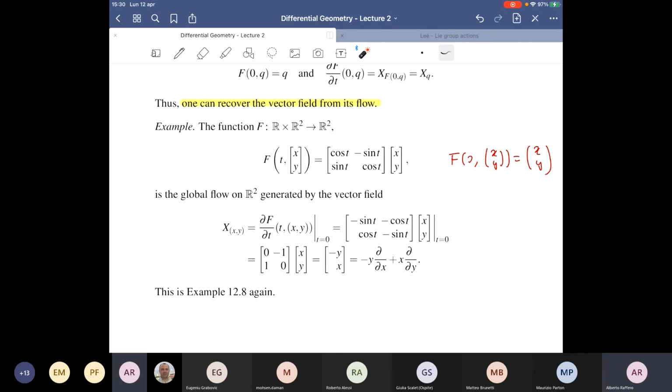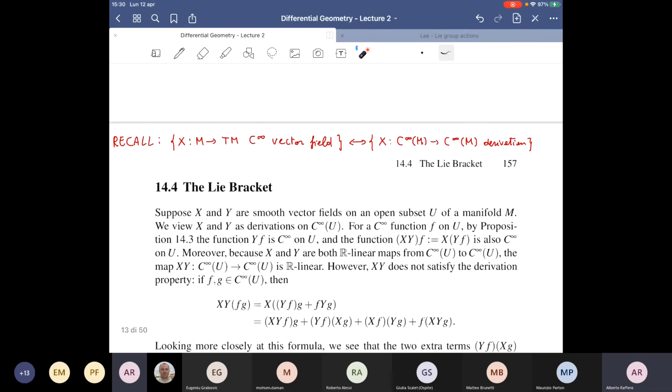And now we can move on and start discussing the so-called Lie bracket. For this discussion, I have to recall this property that you discussed last time.